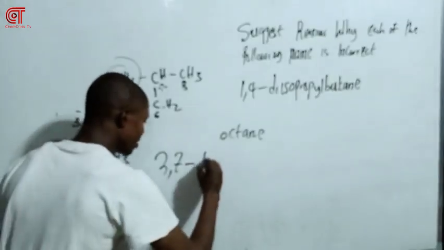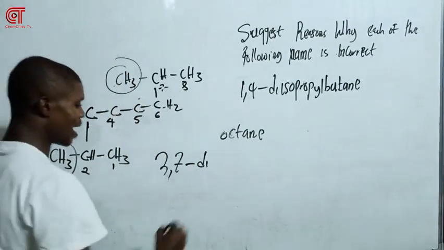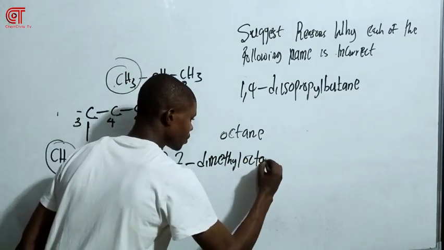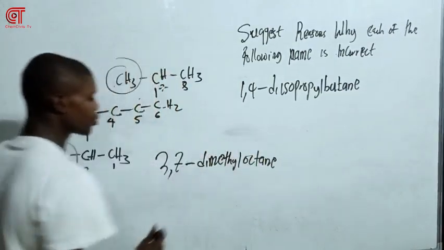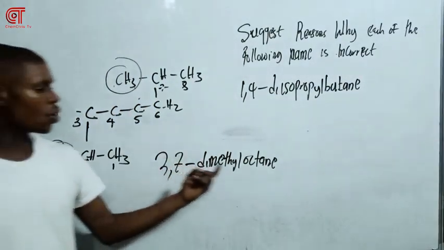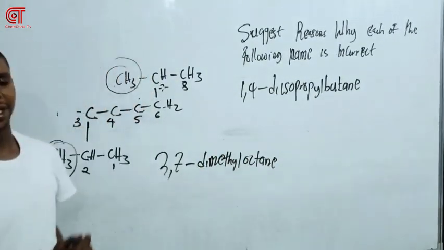Then we have di. This di means we have 2 of the word methyl. Dimethyl octane. So the correct name is going to be 2,7-dimethyl octane, not 1,4-isopropyl butane. You get that?